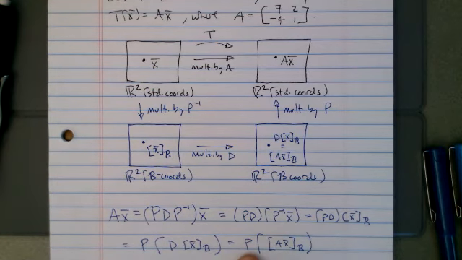So, makes sense. AX is PDP inverse. Multiplying by P inverse turns standard coordinates into B coordinates. Multiplying by D performs the action of the transformation. And then multiplying by the matrix P gets us back into standard coordinates.